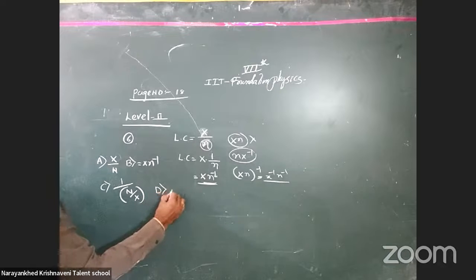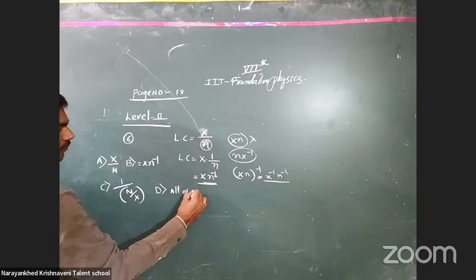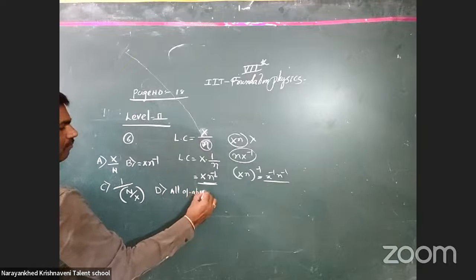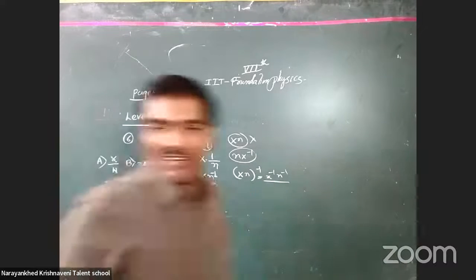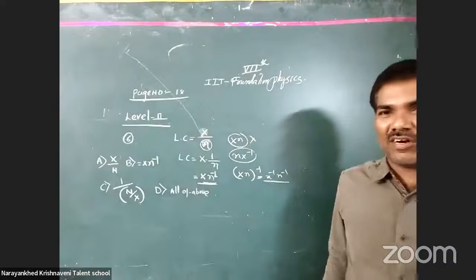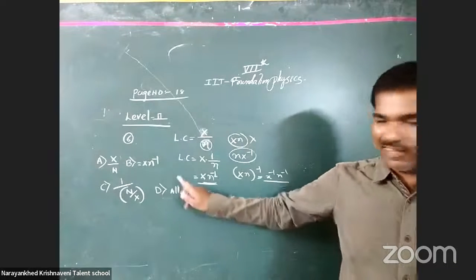D is all of the above. Now the answer is all of the above. Got it or not? Everything is the same only; just the mathematical conversion is there.